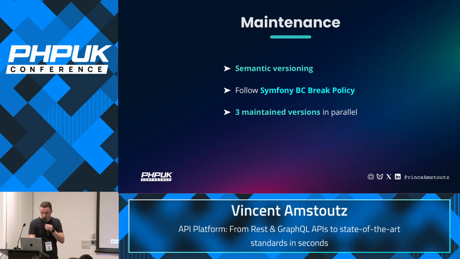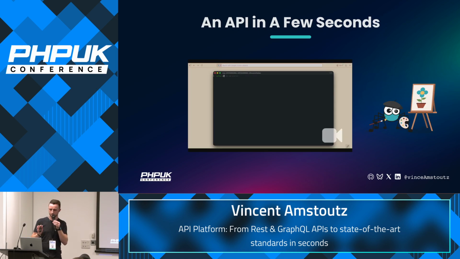Three versions are maintained in parallel. Currently you have the 4.2 stable version with new features out of the box. Also the 4.1 version is maintained, including security fixes. And a dev branch, the main branch, is here for the 4.3 version, and the 4.3 version has been in beta for 2 weeks.